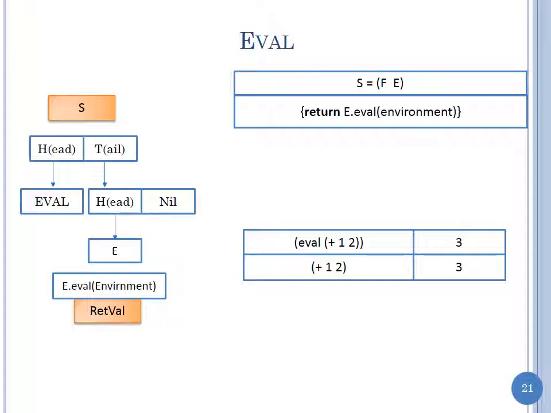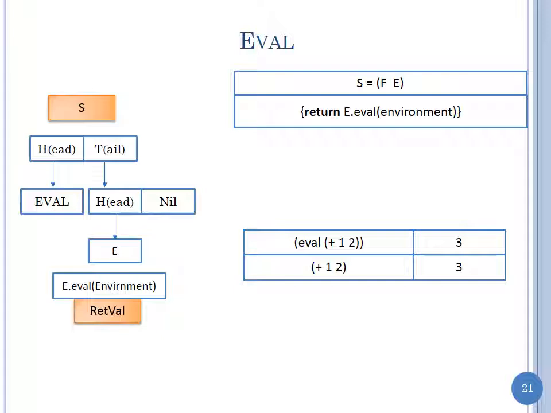Okay? And so that is my question. I could have, as a user, just typed plus 1, 2 and got 3. Or I could have typed eval plus 1, 2, and that eval function, that's your evaluator, is going to take its expression and do an eval on it.